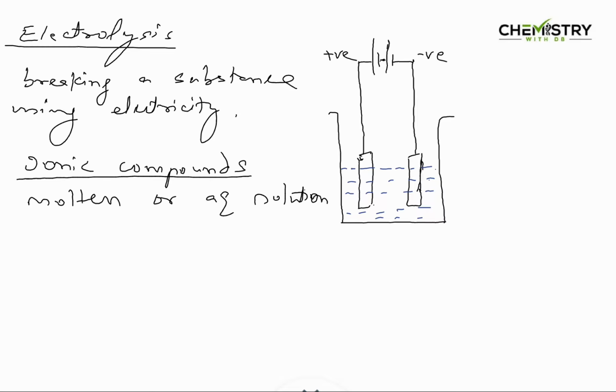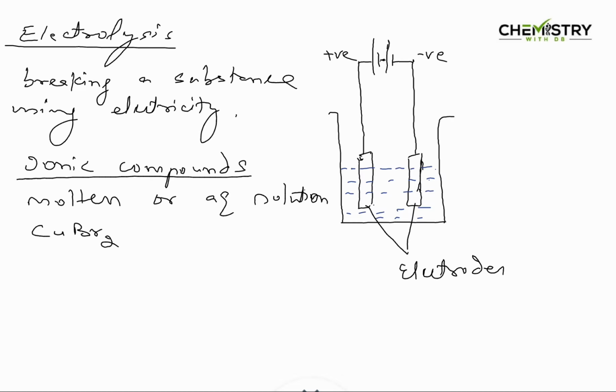Now, when we have a molten ionic compound, let's say for example copper bromide, it has copper ions and bromide ions. For this electrolysis to happen, you would need two electrodes.